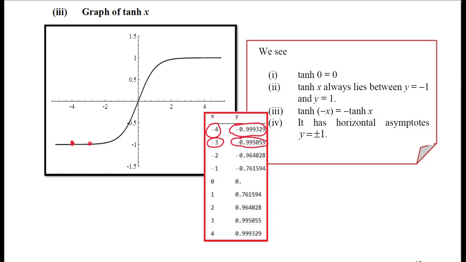Then negative 2, we get negative 0.96 something. How about 0? We get 0 here. When x equal to 2, we get 0.96. How about 4? We get 0.999, so it approaches 1. So you will get the graph like this.